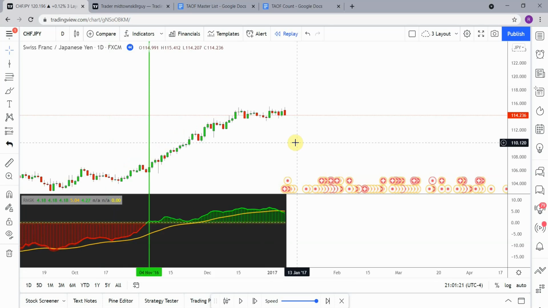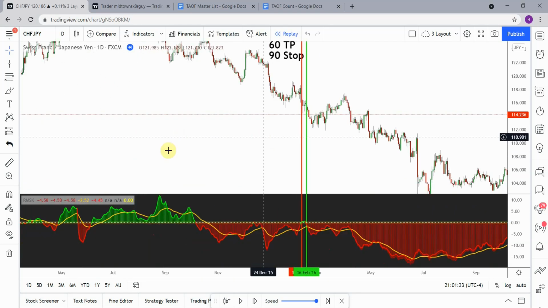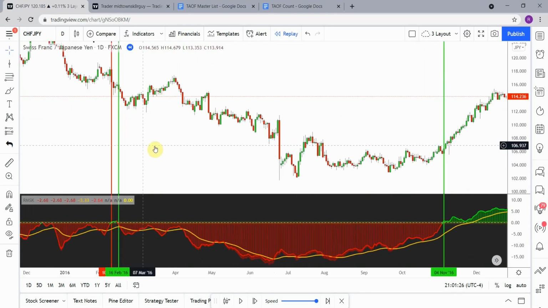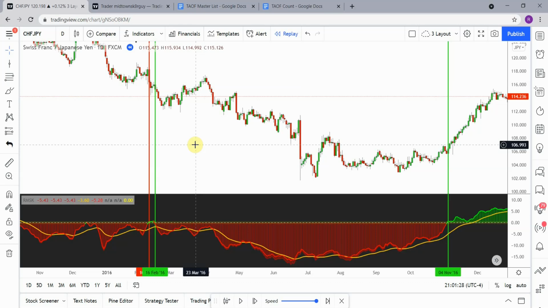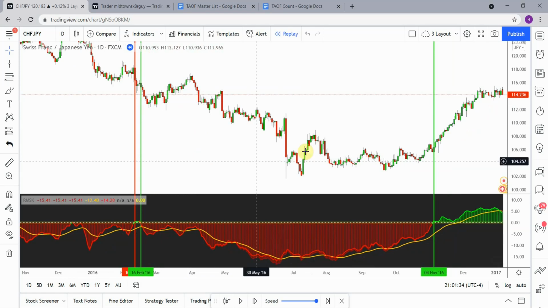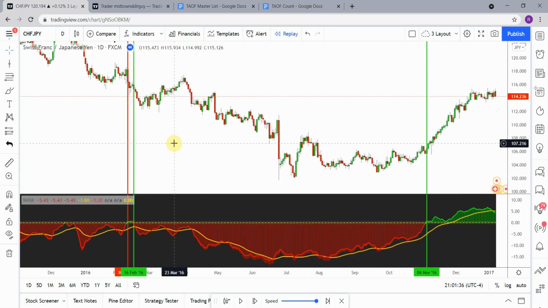All right, so this one's pretty straightforward here. You can see obviously there that we get 3 trades altogether, and we get 2 winners. So that is going to make it to the 60%. Not a wonderful amount of trades in a year. Definitely need more trades in 1 year's time.